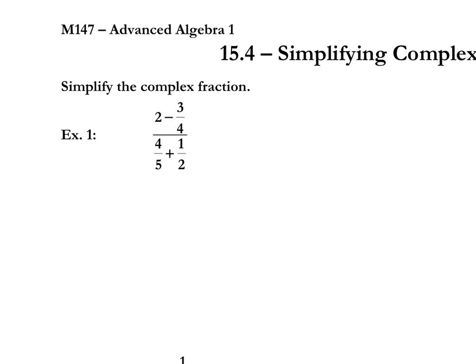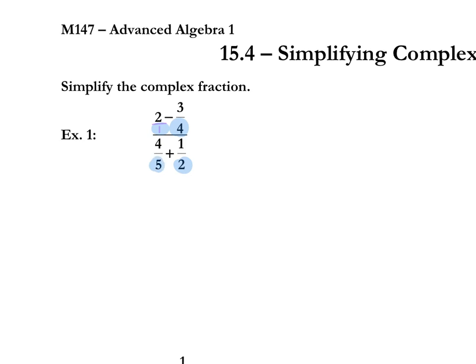So what you want to do is find the LCD of all terms. So this is just over 1, and I want to find the least common denominator of all 4 terms.